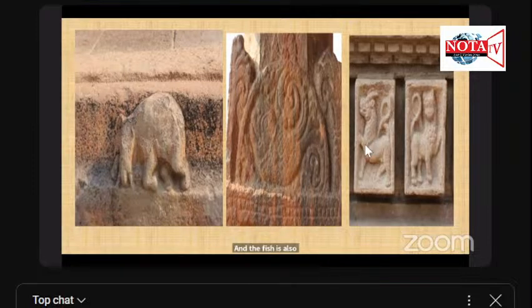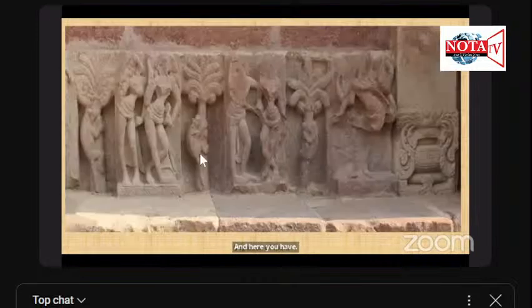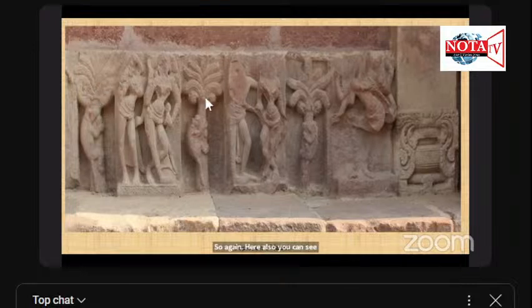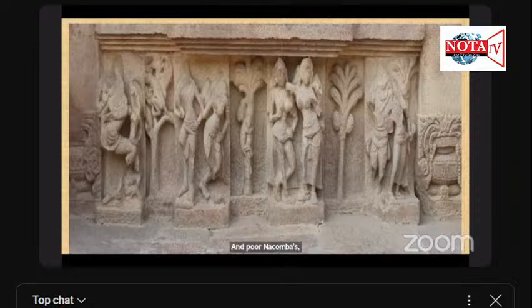And here you have lions, and again here you can see the fauna and flora, plants, coconut plants, and monkeys climbing on these plants. And of course these have also been effaced. Some of them are broken sculptures we can see, and Purna Kumbhas and everything is found. So these are again other sculptures.